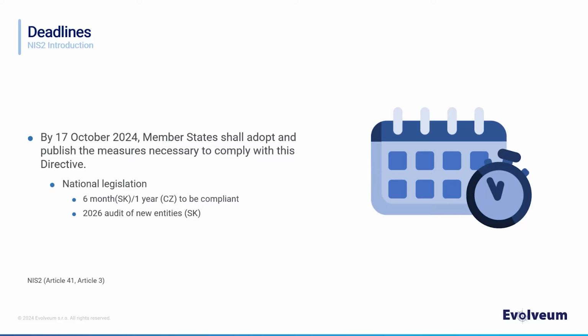And in the Czech Republic, it's probably 1 year. And for example, the audit of new entities, again in the Slovak Republic, this is currently under discussion, will start in 2026. This is a kind of specific situation because in the Slovak Republic there is already an audit process for operators of essential services.